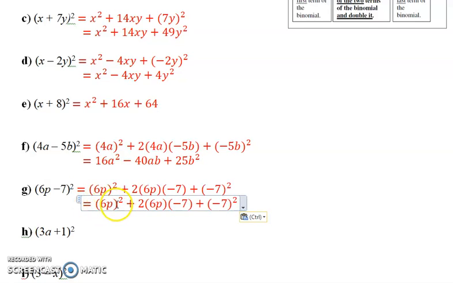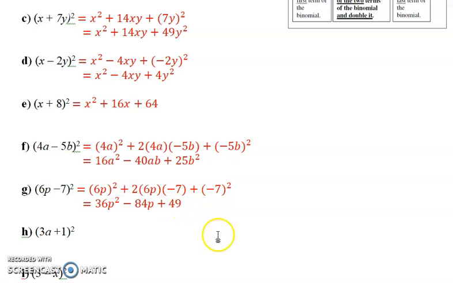And we get 6p squared, which would be 36p squared. And 2 times 6 times negative 7, which would be negative 84. 6 times 7 is 42, double that's 84, and then you're going to have p there. And then negative 7 squared would be 49. Like that. And there's your final.